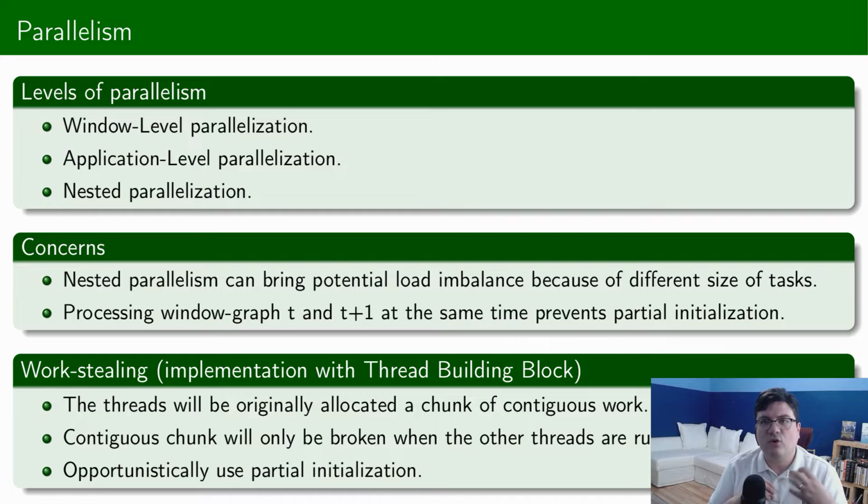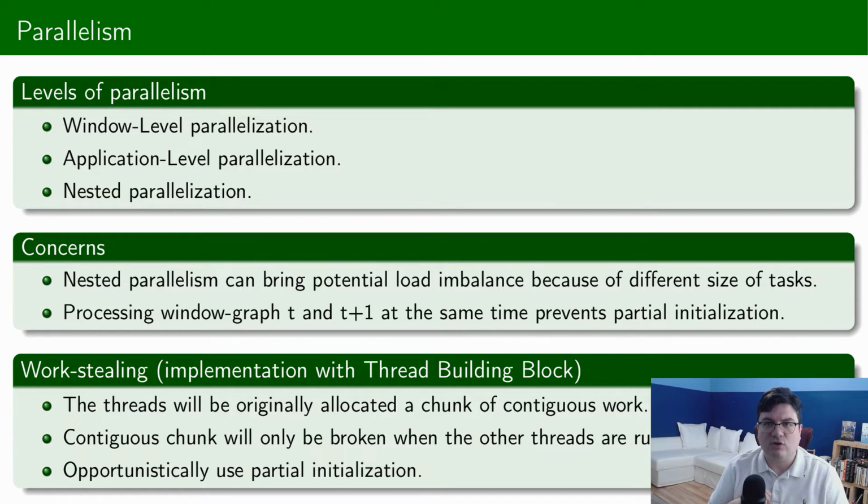There are 2 natural levels of parallelism in the application. One can process different window graphs at the same time. One could also leverage parallelism inside the kernel of the analysis, on PageRank, by performing vertex-level parallelism for a particular window graph. We leverage both levels simultaneously and use a nested form of parallelism.